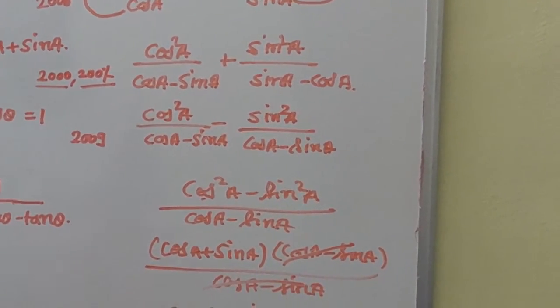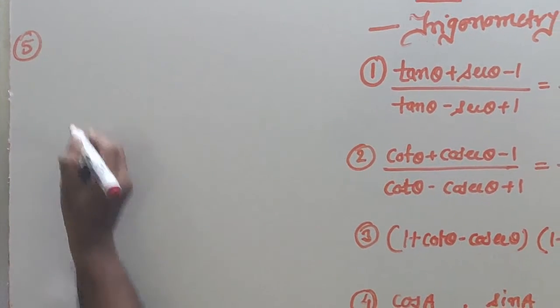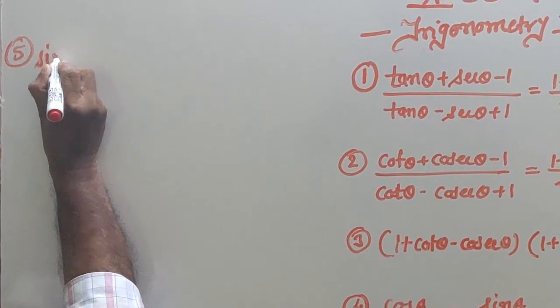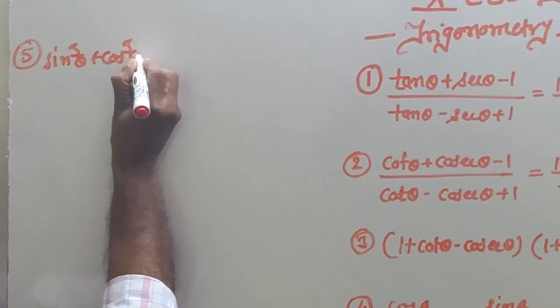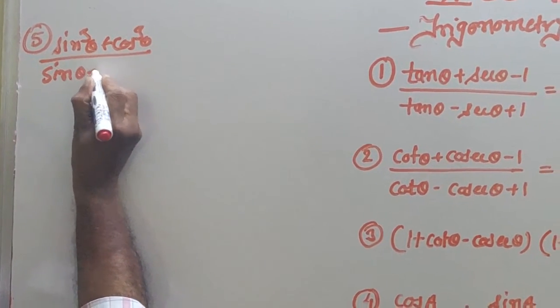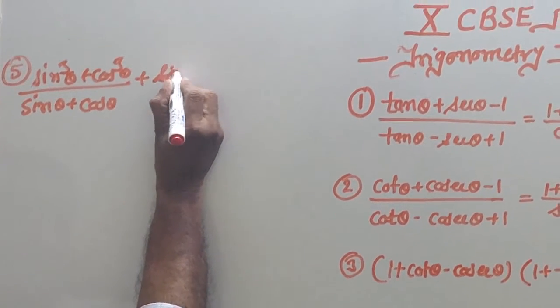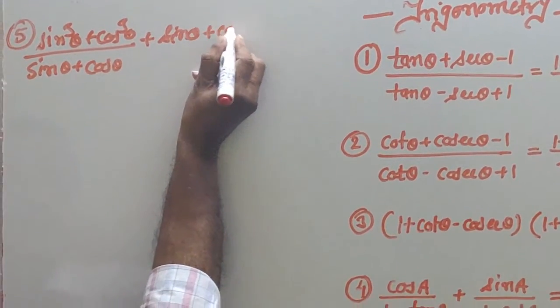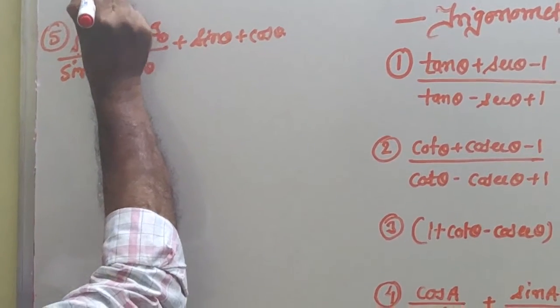Now we are going to solve the fifth problem, in which given sin cube theta plus cos cube theta upon sin theta plus cos theta, plus sin theta plus cos theta is given. Now you already know the a cube plus b cube formula.